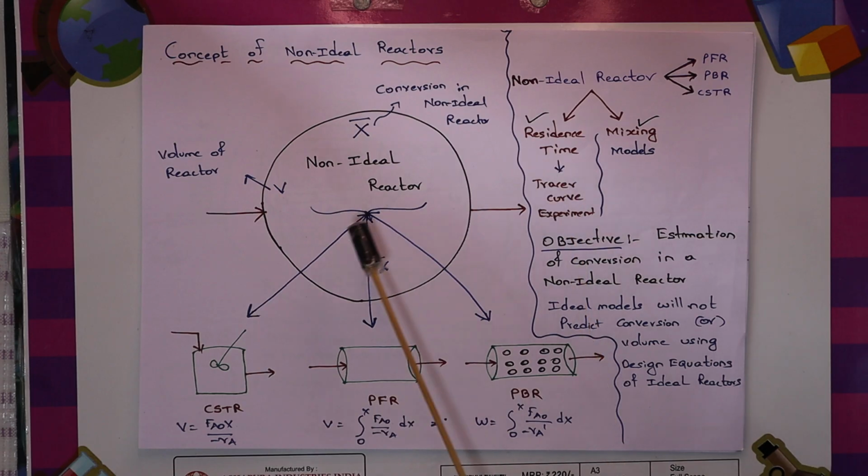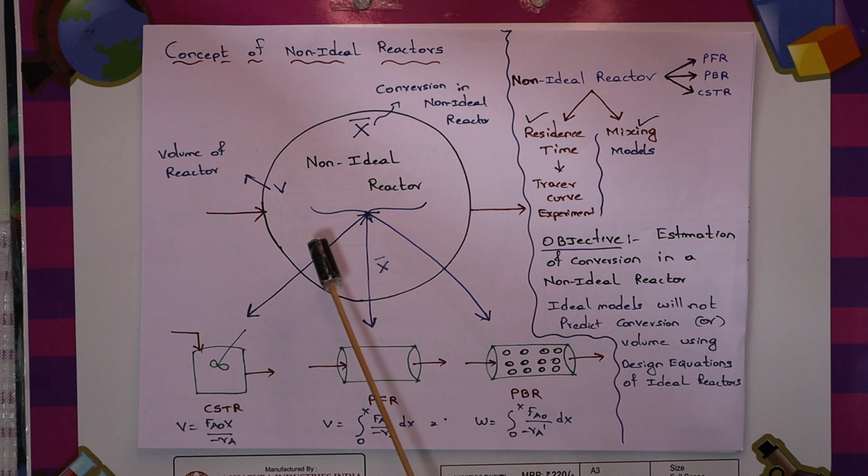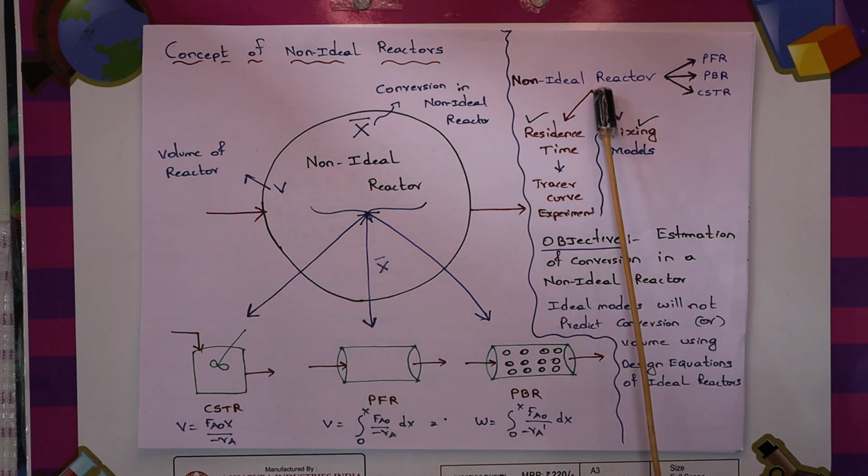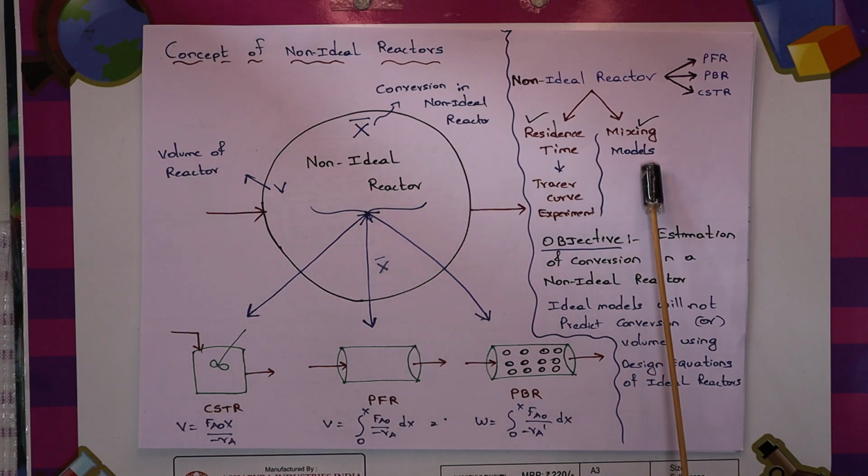Just the time information is not enough to find out the conversion. We need to find out how molecules are mixing with each other in this particular reactor. That is also required to find out the conversion in this non-ideal reactor. So the entire discussion of non-ideal reactors is to find out the time information and the mixing information.